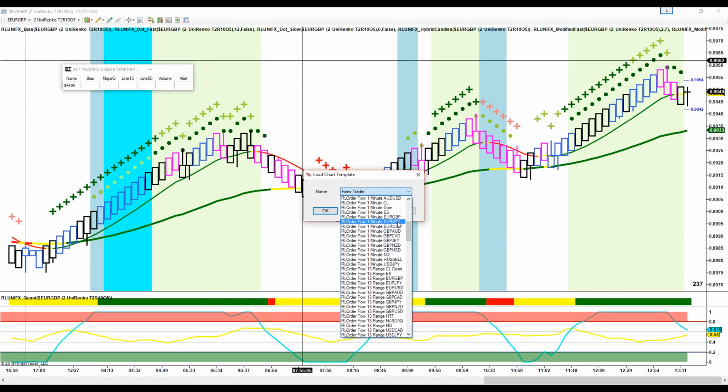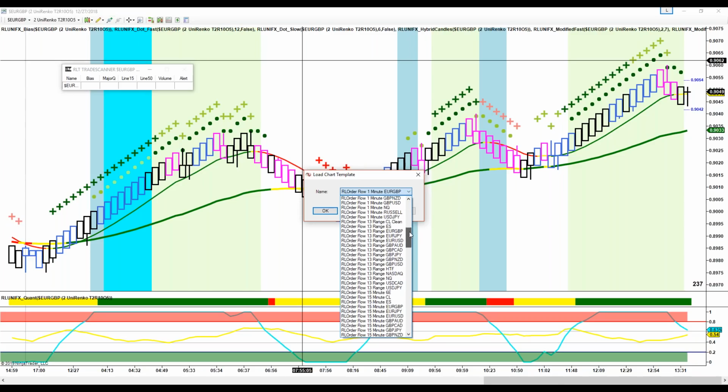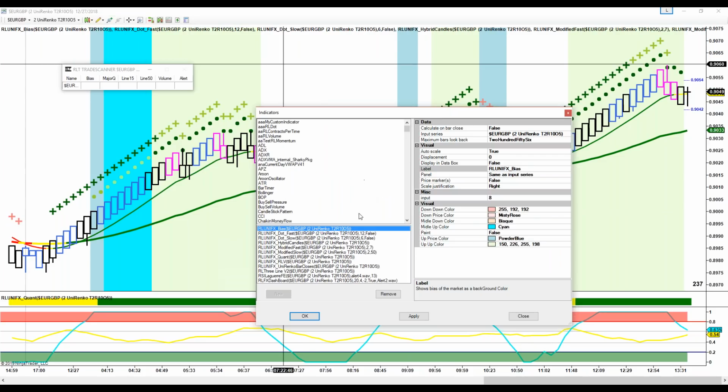And this is the euro GBP. And let's look, that's the 1 minute. We want the Renko. All right, I have not set these templates up, which I will do. So what I have to do is configure it myself.